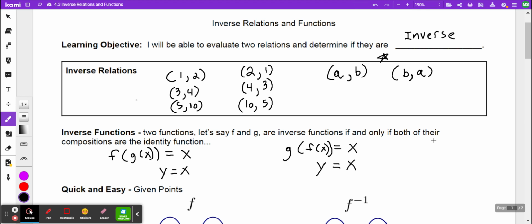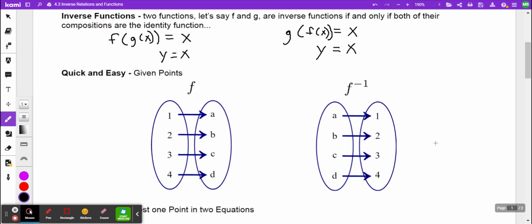Let's talk about some given points, quick and easy. So if we have the function, here's function f, the inverse will often have this -1 right here. This is the inverse of function f.